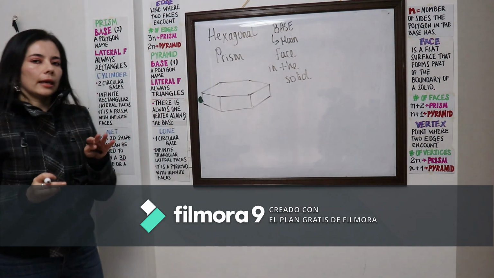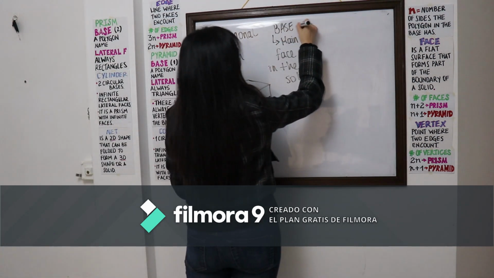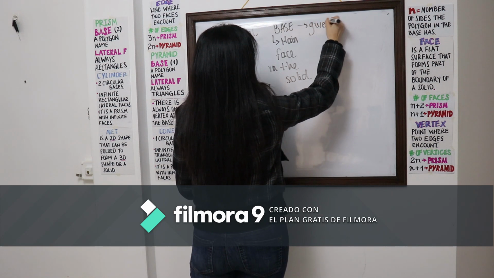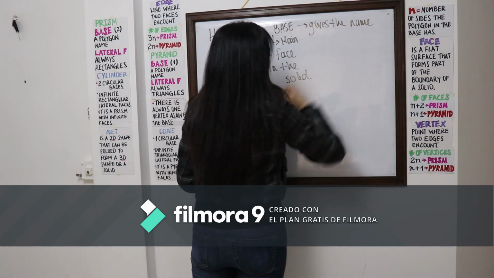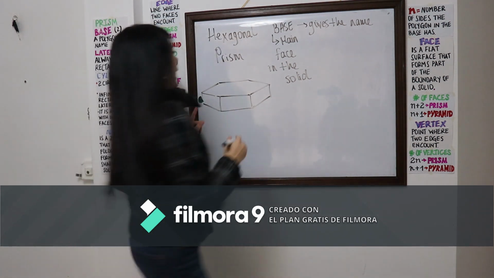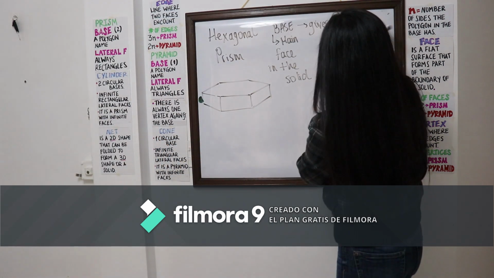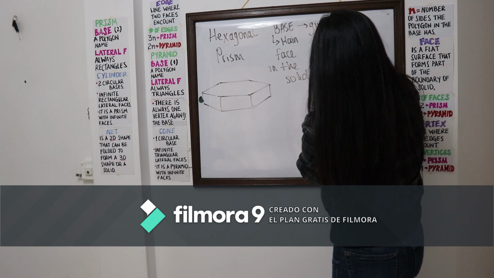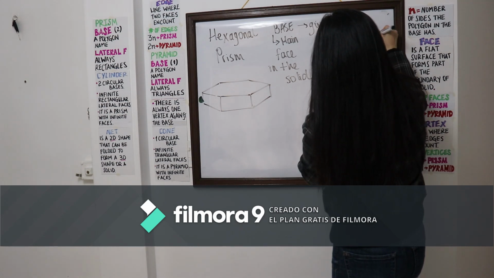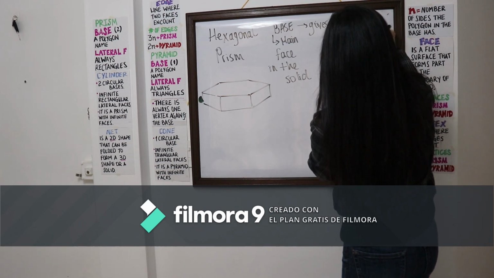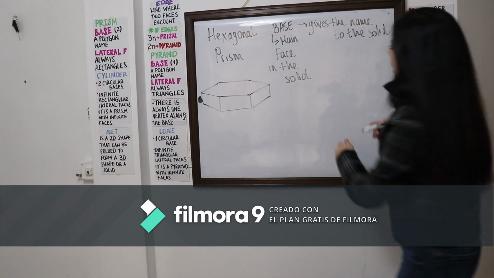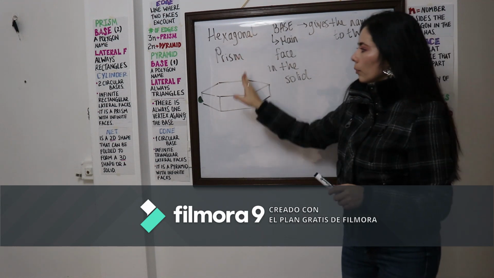And that base usually gives the name to the solid. So in this case, the two bases are going to give us the name. So here I have a hexagonal prism.